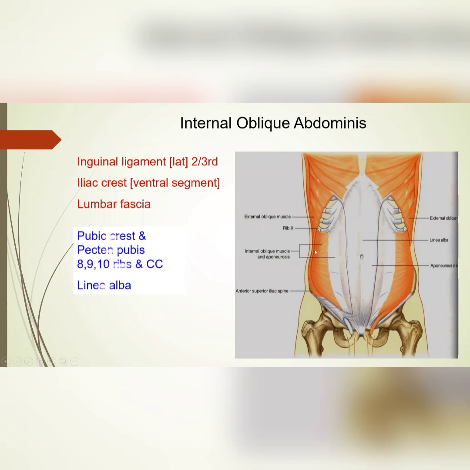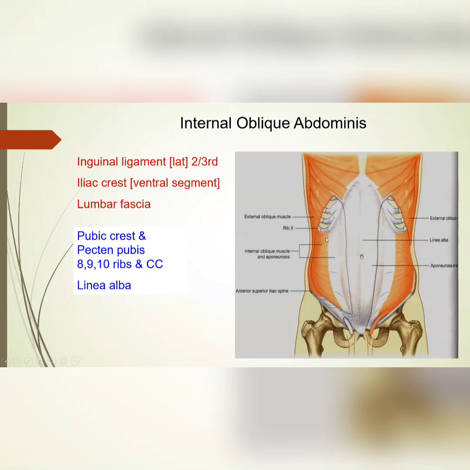Whereas the fibers will run towards the midline. So the insertion of internal oblique muscle is to the linea alba and in the midline to pecten pubis, pubic crest. And finally, there's also an insertion to the costal cartilages.